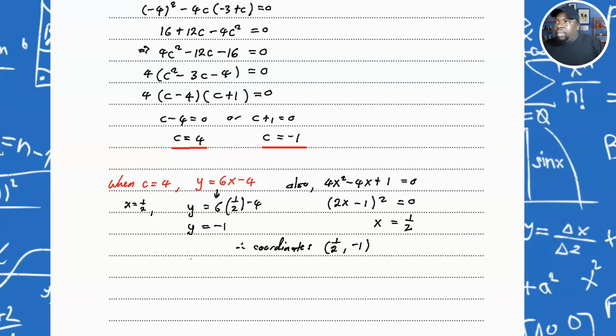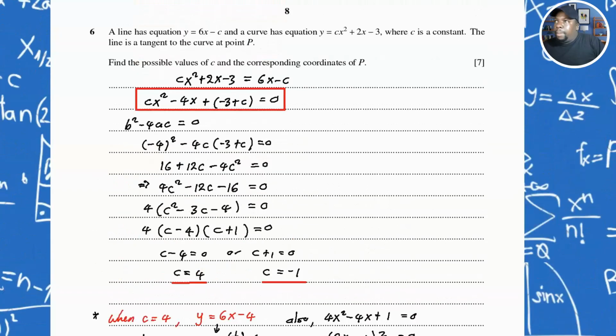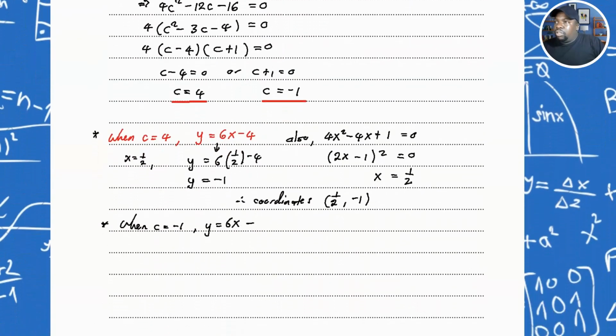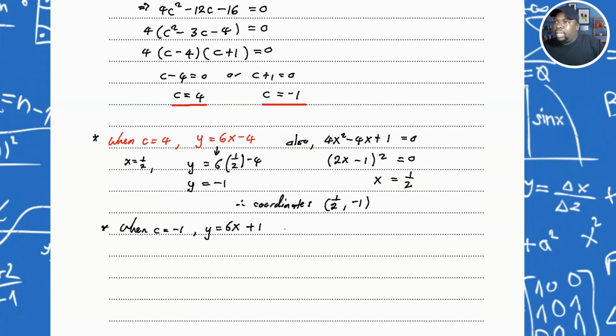Okay, so we also need to look at the situation when c is equal to minus 1. So y will be 6x minus c. Okay, y is 6x minus of minus 1, so it'll be plus 1.